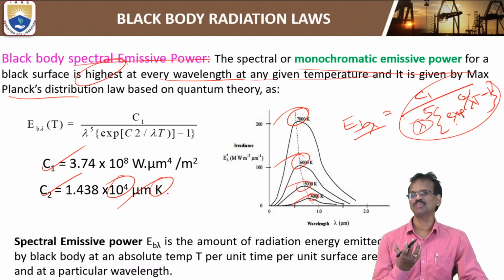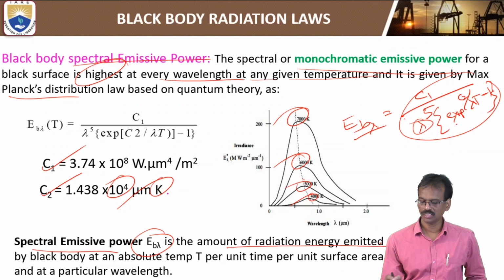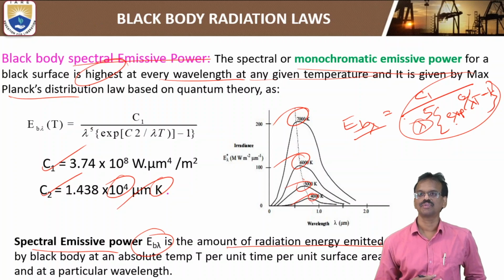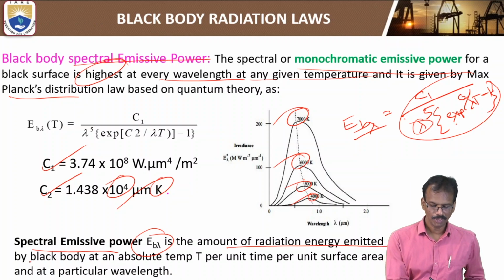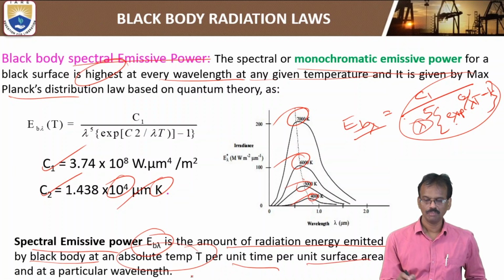Those are called the emissive power at a particular wavelength. Spectral emissive power, represented by E b lambda, is the amount of radiation energy emitted by a black body at an absolute temperature T per unit time, per unit area, and at a particular wavelength.